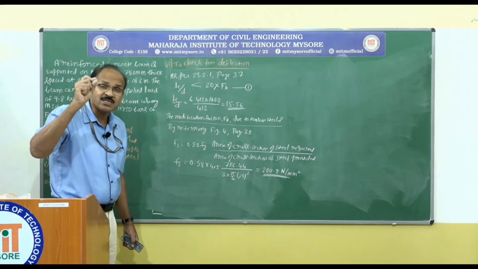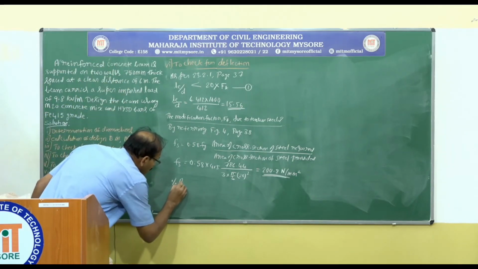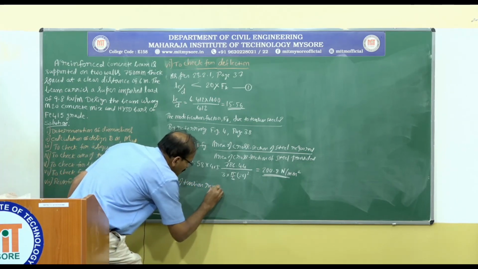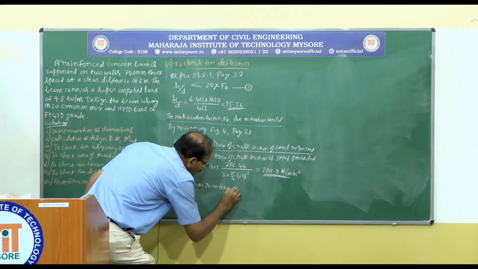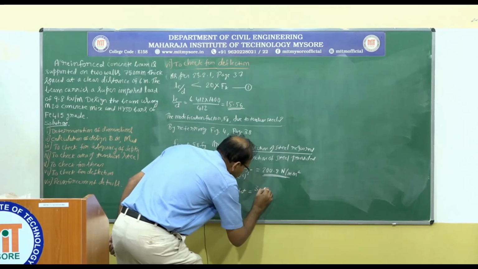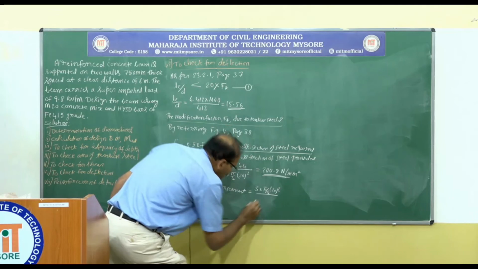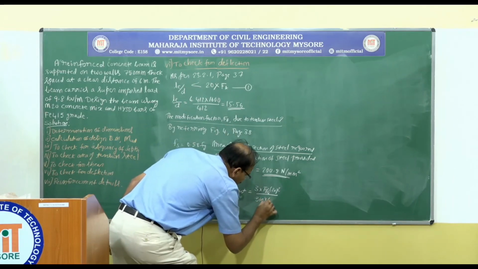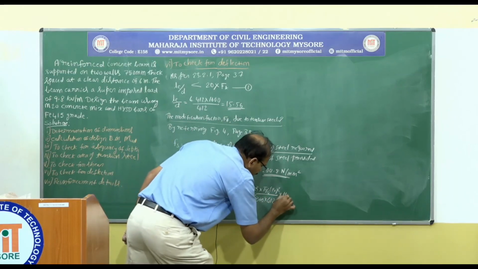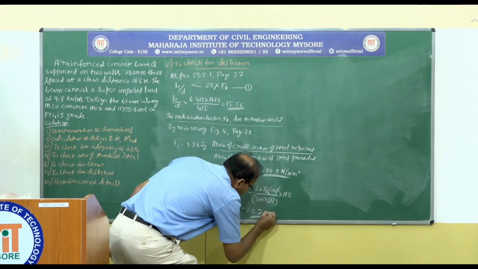What is the percentage of tension reinforcement? That was 0.75. Percentage of tension reinforcement equal to 3 bars of 20 mm dia over B, which is 300, multiplied by D, which is 412, multiplied by 100, that is equal to 0.75%.